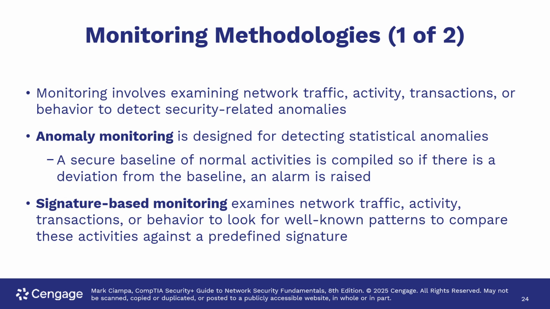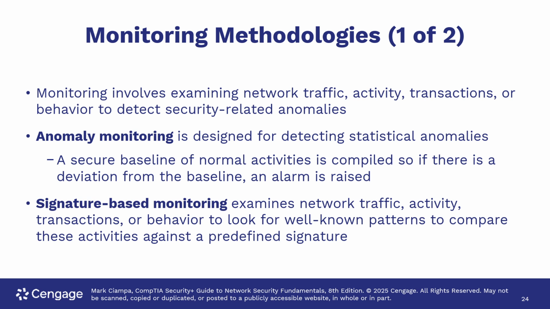Okay, so there are some monitoring methodologies that we can use. Monitoring involves examining the network traffic activity, transactions, or behavior to detect security-related anomalies. Anomaly monitoring is designed for detecting statistical anomalies. A secure baseline for normal activities is compiled, so if there's a deviation from that baseline, an alarm is raised.